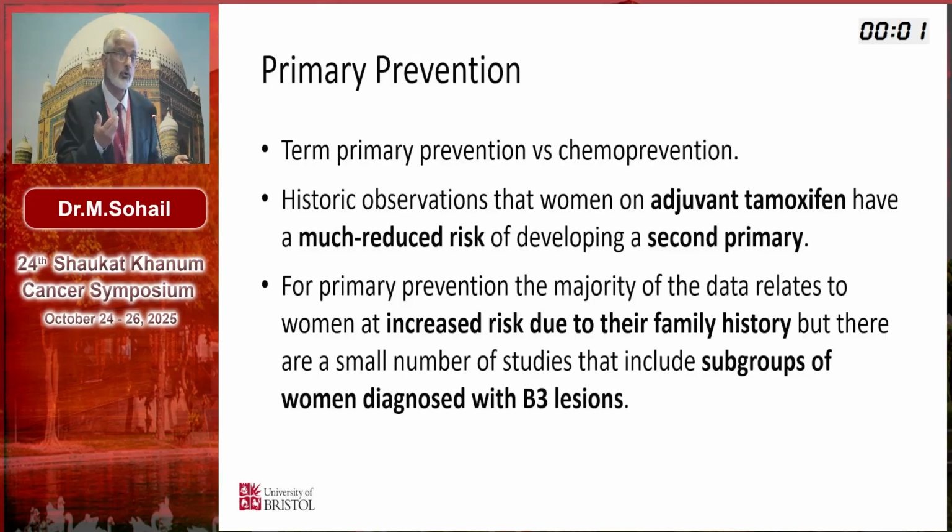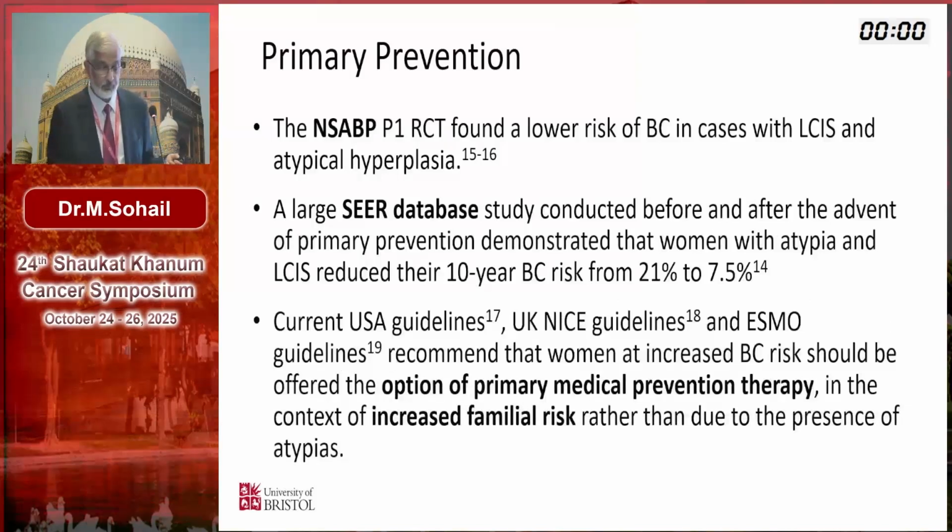They have also looked at various trials where this primary prevention or hormonal treatment was given to those at increased risk because of various other reasons like family history or BRCA, and within that there were some subgroups with B3 lesions, and they found that there was benefit there.